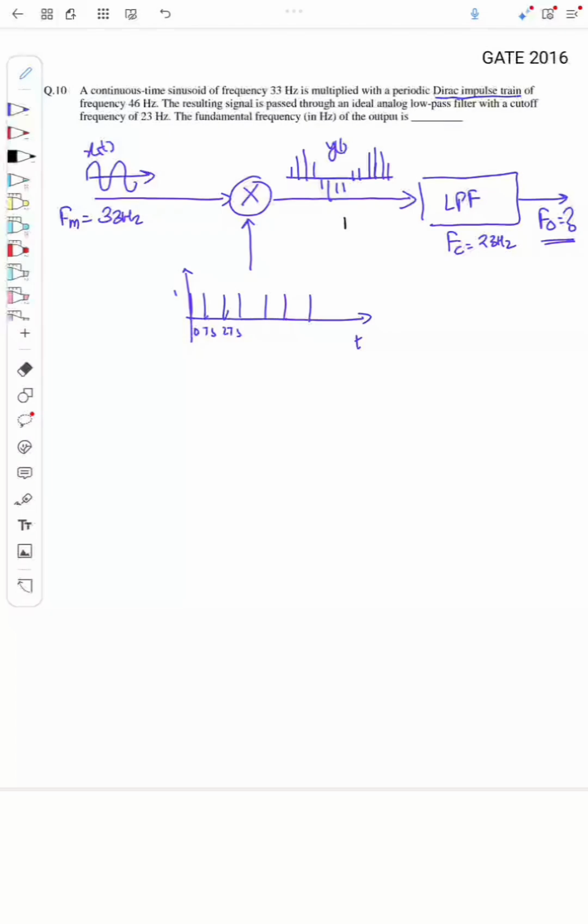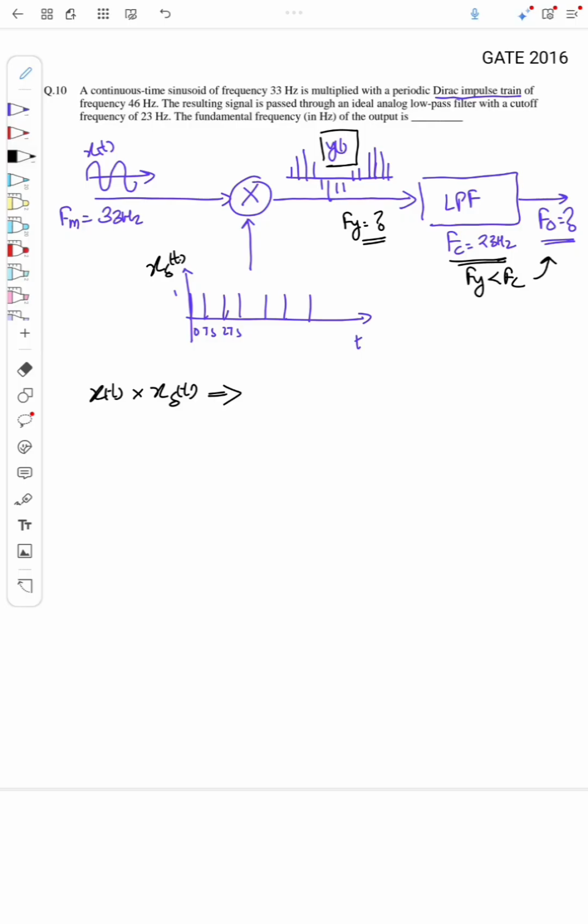We need to find what frequency components are available at the input of the low pass filter, that is, at y(t), and all the components fy less than fc, the cutoff frequency of the low pass filter, will be available at f0. Since we have a signal x(t) multiplied with this impulse train, we will have a sampled signal.